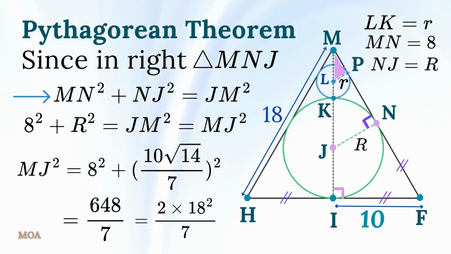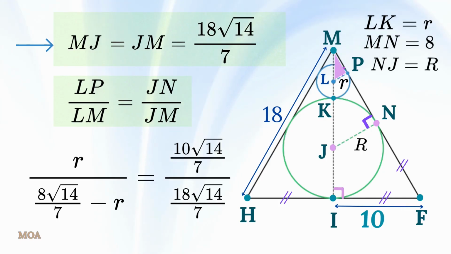Substituting MN equals 8, and NJ equals 10 times the square root of 14, all over 7, we obtain JM squared equals 8 squared plus the quantity 10 times the square root of 14, all over 7, squared. Since segment length is symmetric, MJ equals JM. Simplifying this expression yields JM equals 18 times the square root of 14, all over 7.